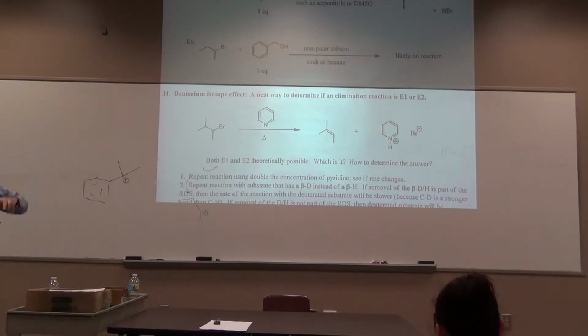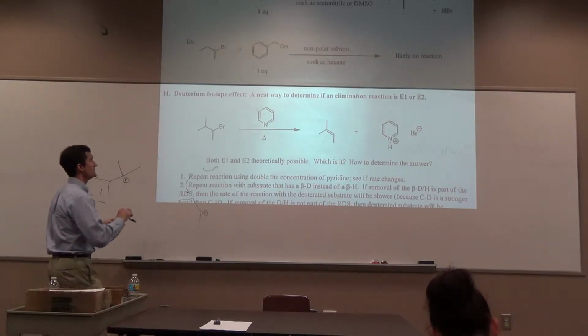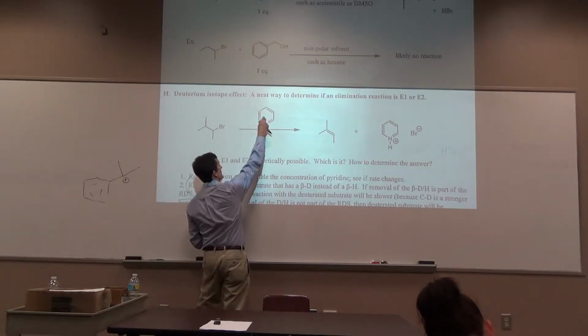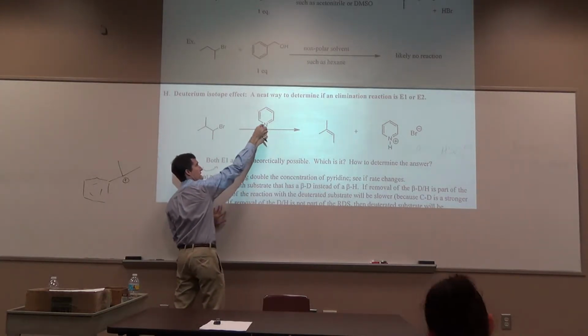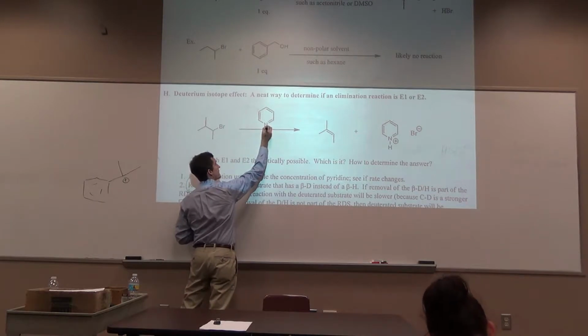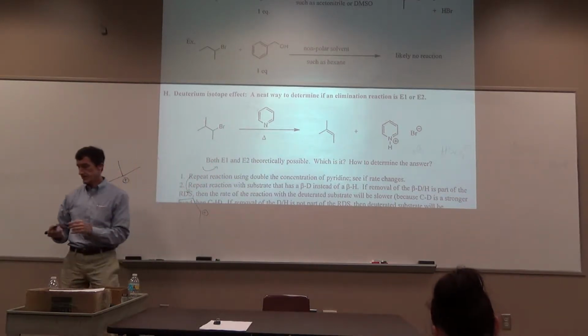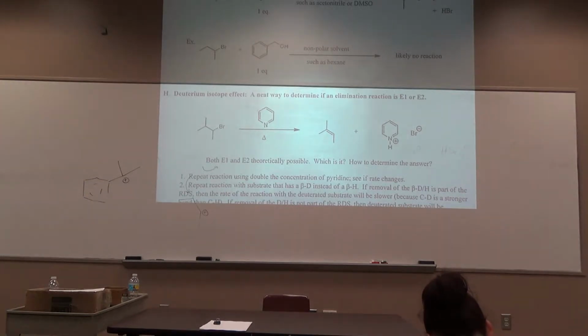This is a neat way to determine if an elimination reaction is E1 or E2. Look at this reaction. If we take this and heat it in pyridine: without the nitrogen, it's benzene; with the nitrogen in the ring and a lone pair there, of course, that's called pyridine. Pyridine is an sp2 lone pair. Is it a strong base or not?